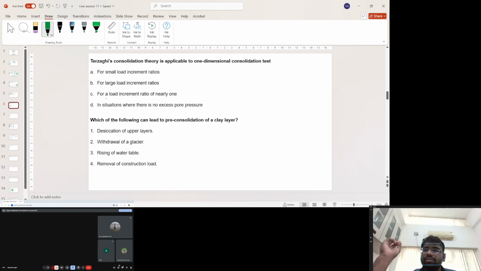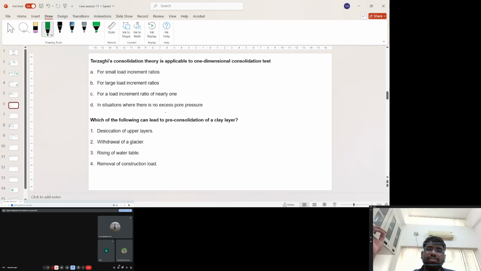All right. So for a load increment ratio of nearly 1, which is the double, it need not be nearly 1. That also depends on the amount of existing load, so you cannot properly quantify that.